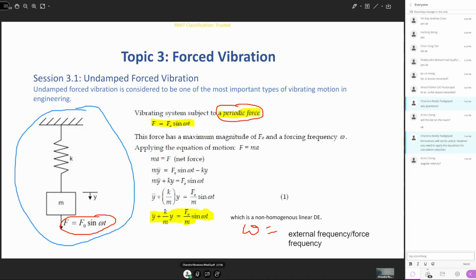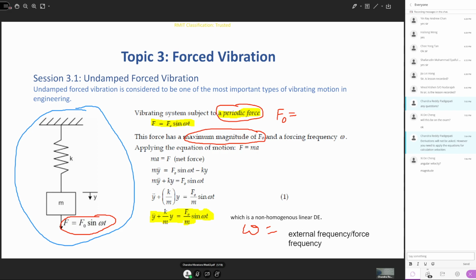Can someone tell me what is F naught? So this F naught is the maximum magnitude. This is the maximum force. And when theta is equal to 0, the force is maximum.